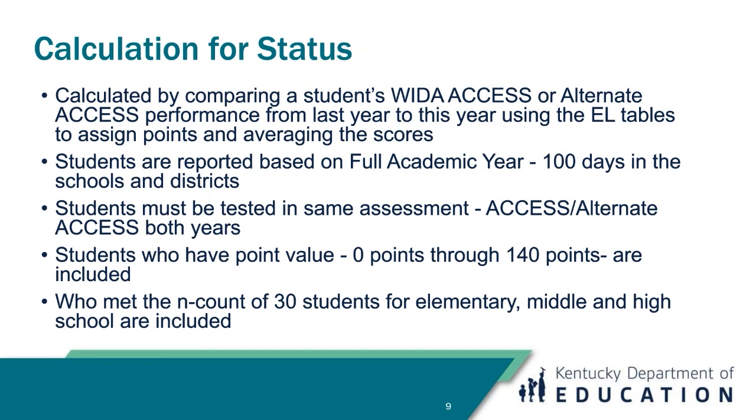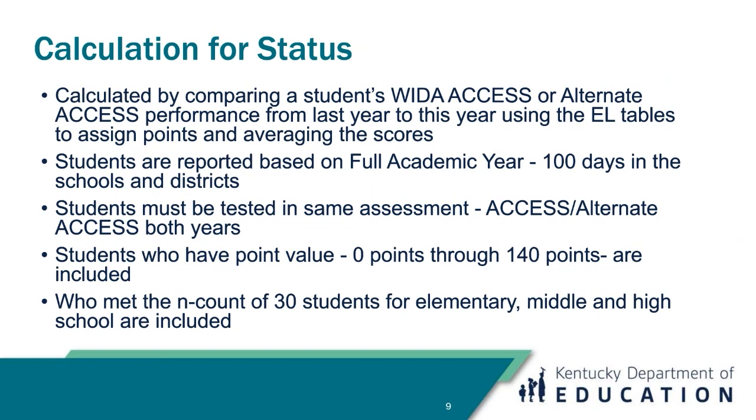Also, students must be tested in the same assessment, both previous year and current year. They have to be tested in the same assessment for ACCESS, and the same for Alternate ACCESS for both years.